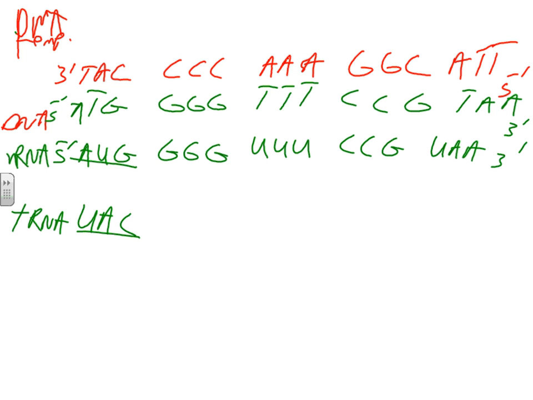So if this is GGG, this has to be CCC. If this is UUU, this has to be AAA. If this is CCG, this has to be GGC. And if this is UAA, this has to be AUU. Megan, if you would write down this mRNA code for me on a sheet of paper, because we're going to go to another slide for a second.